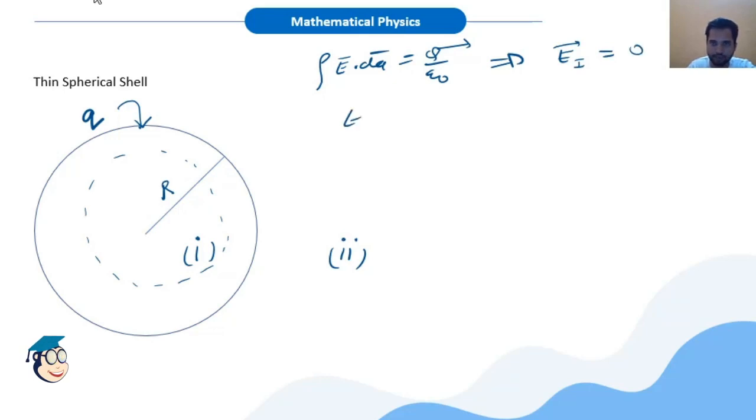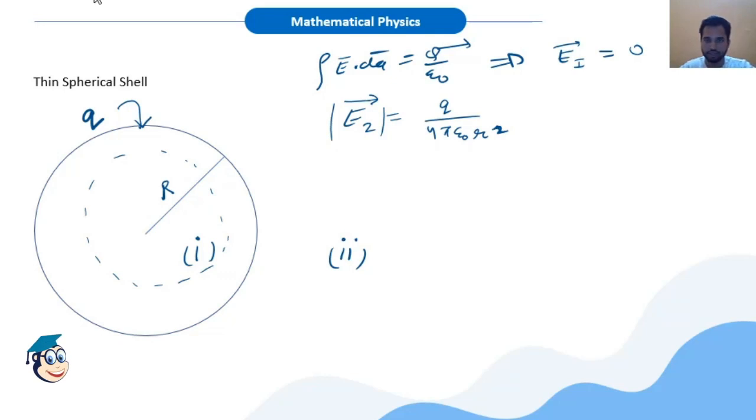And similarly, you can calculate electric field in the second region, which I am not going to calculate, as I have taught you in the previous lectures how to calculate electric field in spherical symmetry using Gauss law. So electric field outside in the second region is equal to Q divided by 4 pi epsilon naught r square. Okay, I am writing the magnitude only.